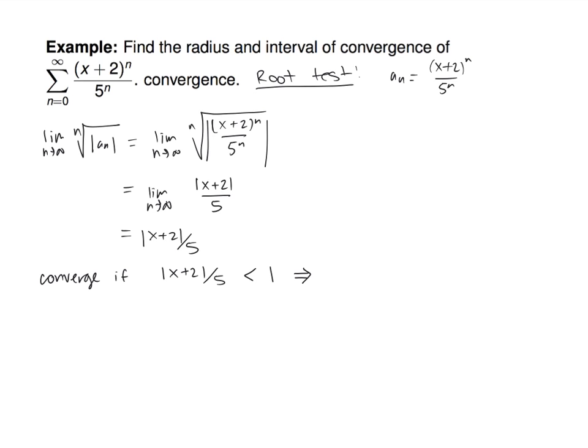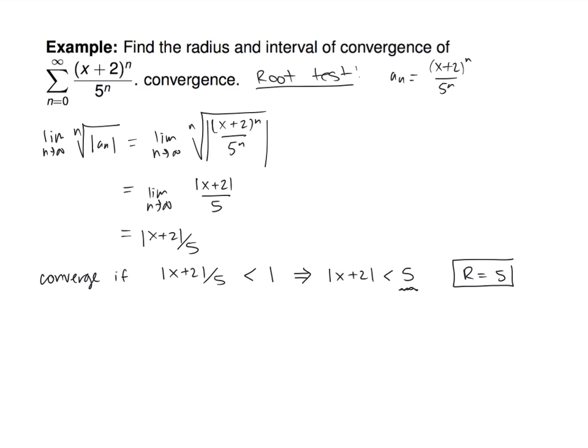That over 5 kind of messes with it, so you multiply the 5 over to this side and you get the absolute value of x plus 2 is less than 5, and at that stage you can say what your radius is. So what's the radius now? R is equal to 5. It's always equal to this number, as long as you have this written in the form x plus or minus something. Once you've got that, that's your radius.